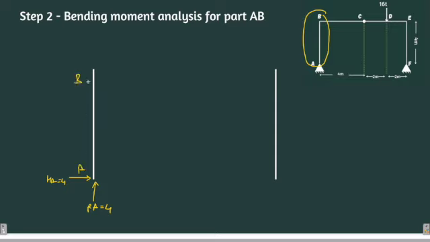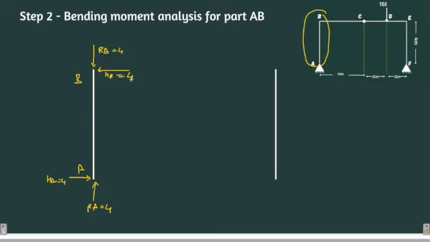Now you see that for the equilibrium of part AB, there must be equal and opposite reactions acting at point B. For equal and opposite, there must be RB, which is also 4 units over here in opposite direction to RA, and there must be a horizontal reaction at B to counter the horizontal reaction at A. And the units must be same, right?